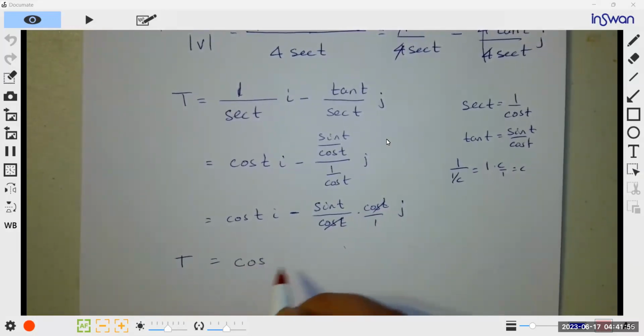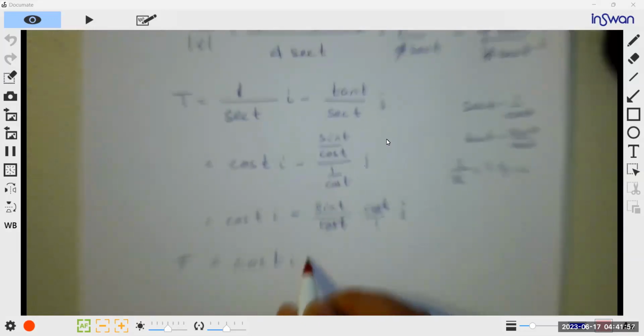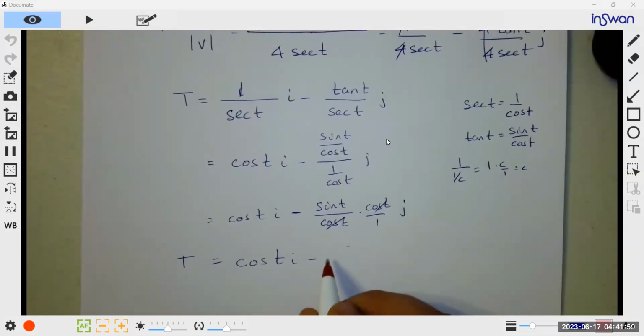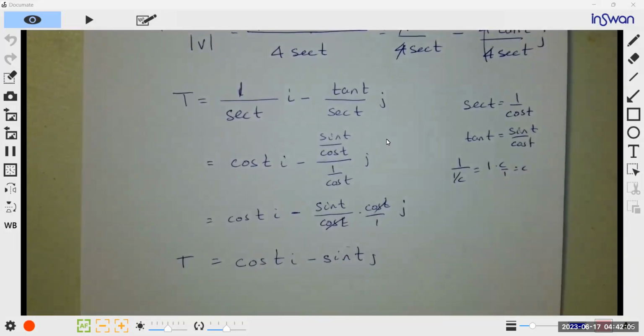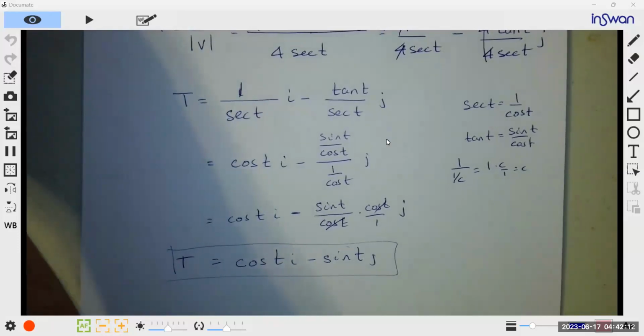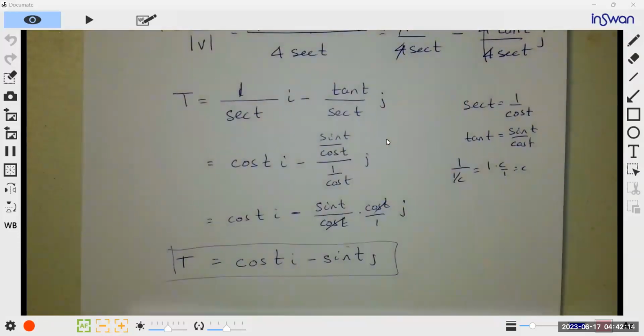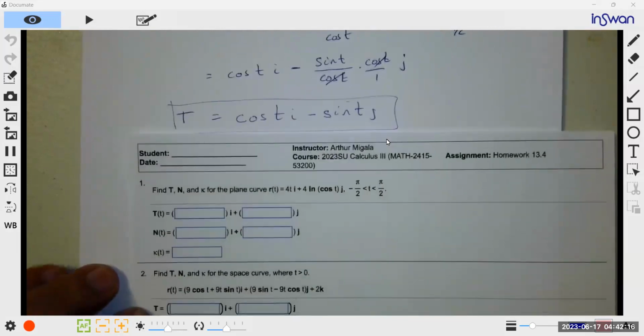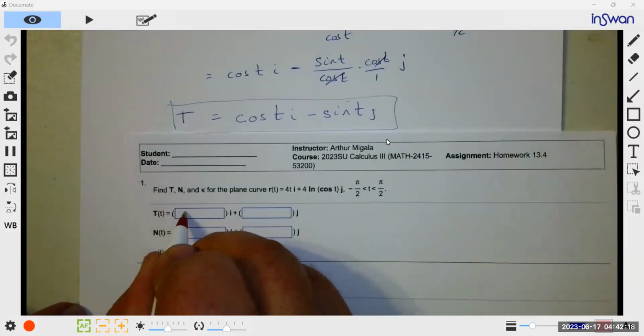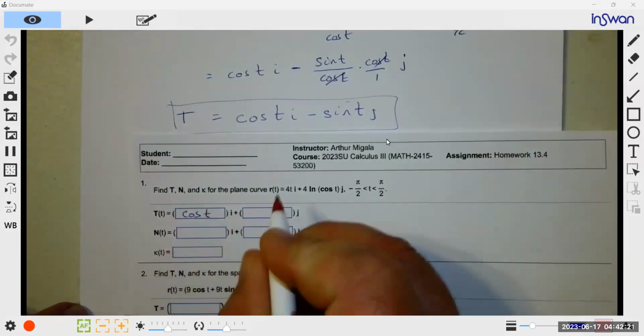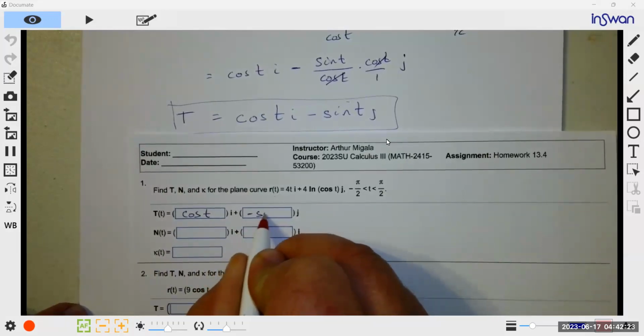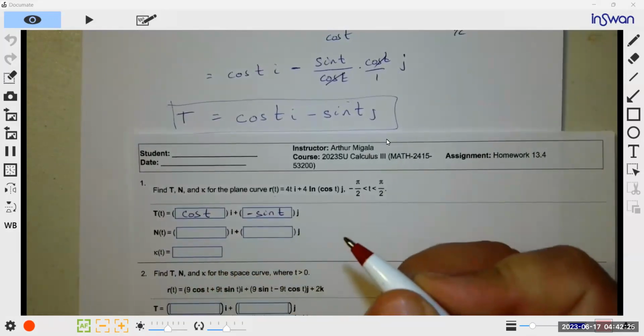T is equal to cosine t i minus sine t j. So that's my T.